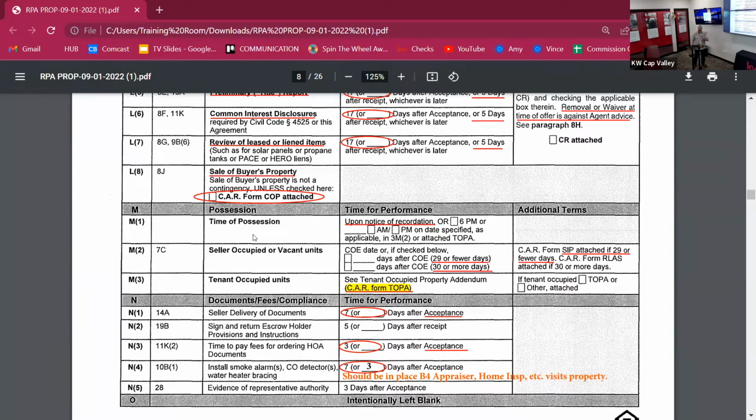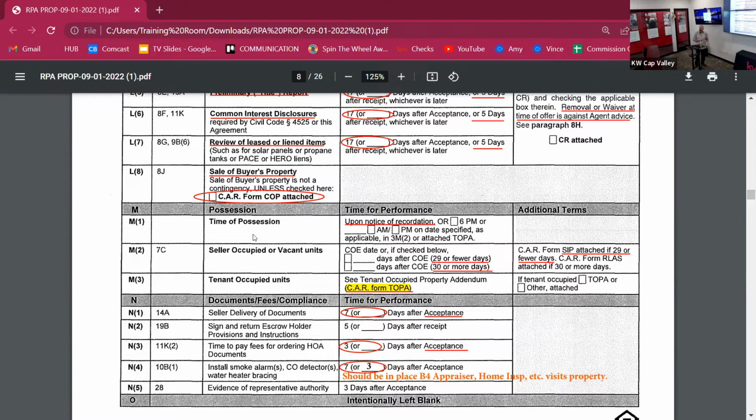So in the absence of that circumstance, or in the absence of a property being tenant occupied when it closes escrow, and that's what the TOPA form refers to, the new buyer has complete rights to the property. Hopefully you as the buyer's agent go in there, you meet them, congratulate them on their home, and you get the keys from the lockbox.